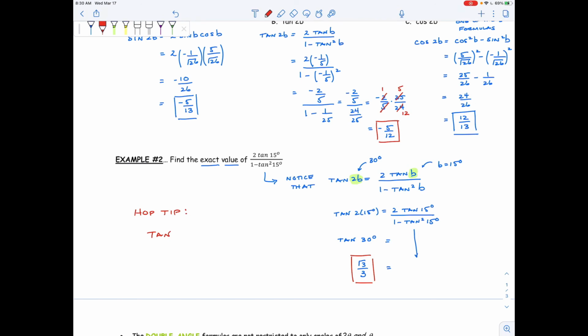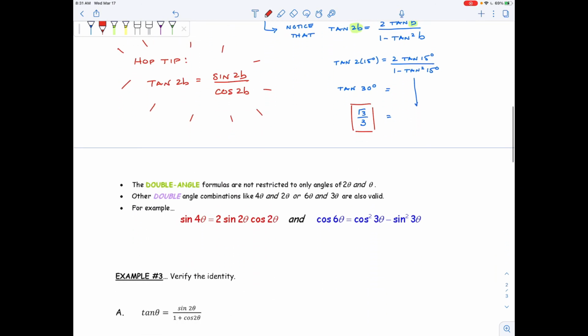So you can do 2a or tangent of 2b, whatever your variable is. We can take the result of sine of 2b and cosine of 2b and divide them and simplify. And that will oftentimes be a much cleaner way of getting at the tangent rather than plugging in the standard tangent formula.